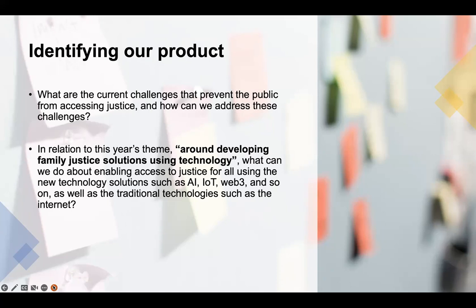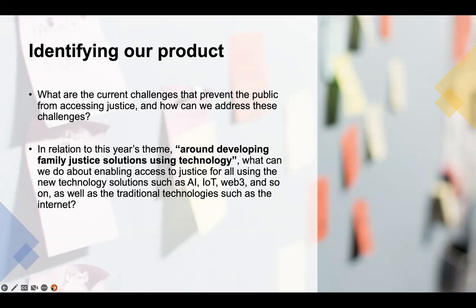But in most of the areas, can I safely say 50% of the areas these days have access to internet. So how can we take advantage of this? If you can answer these questions and find a solution, that solution is your product.